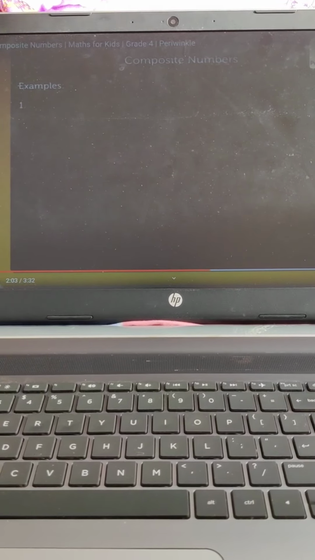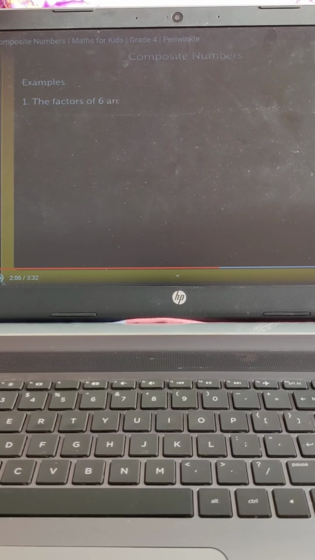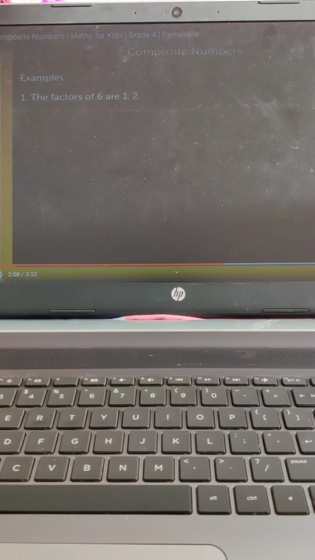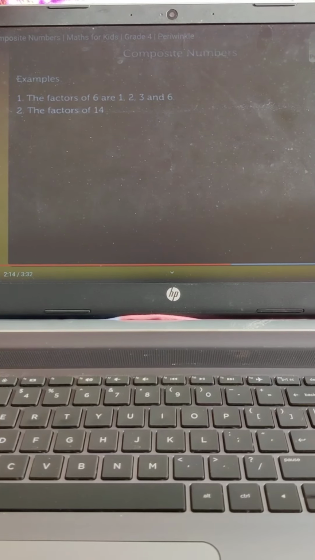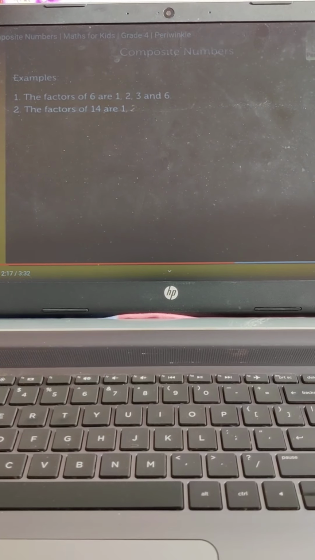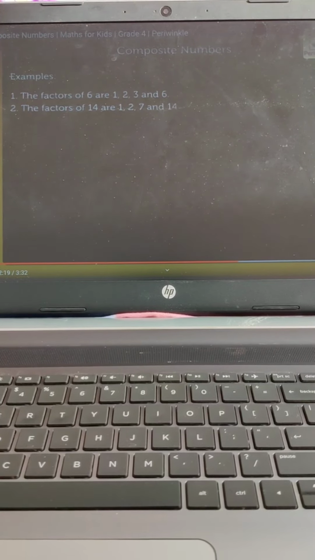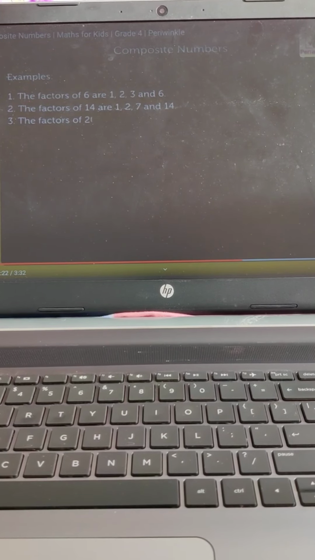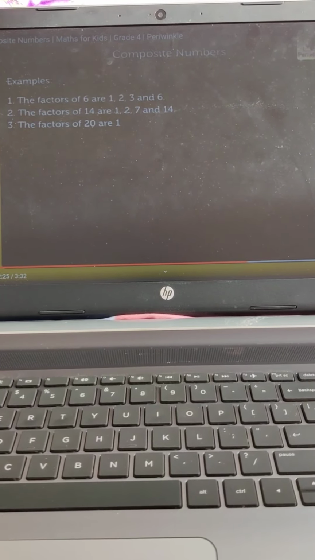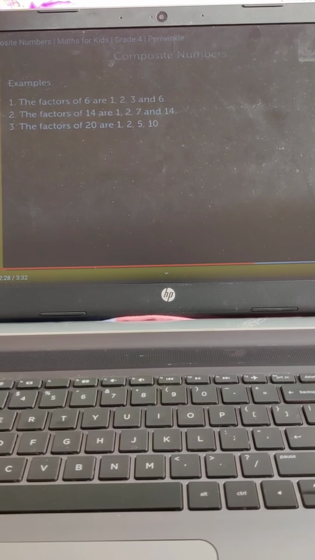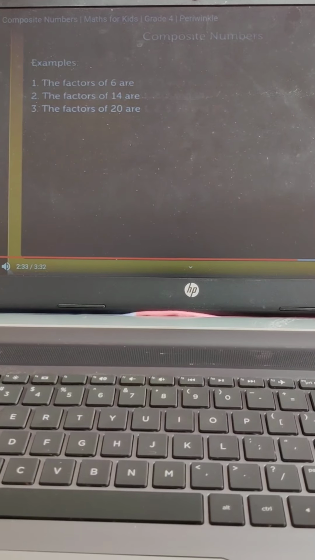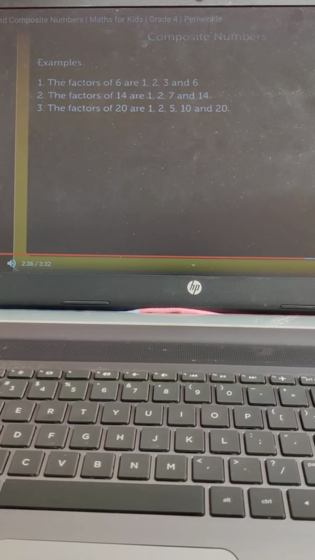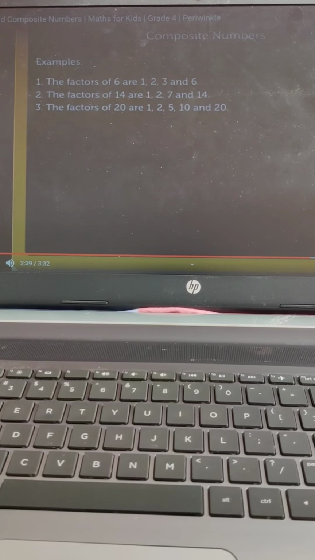Composite numbers. Look at the examples. The factors of 6 are 1, 2, 3 and 6. The factors of 14 are 1, 2, 7 and 14. The factors of 20 are 1, 2, 5, 10 and 20. All the above numbers have more than 2 factors. These numbers are called composite numbers.